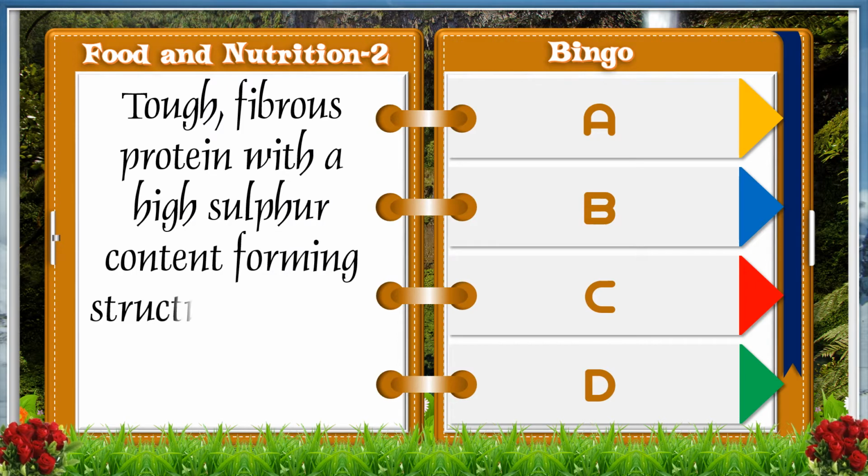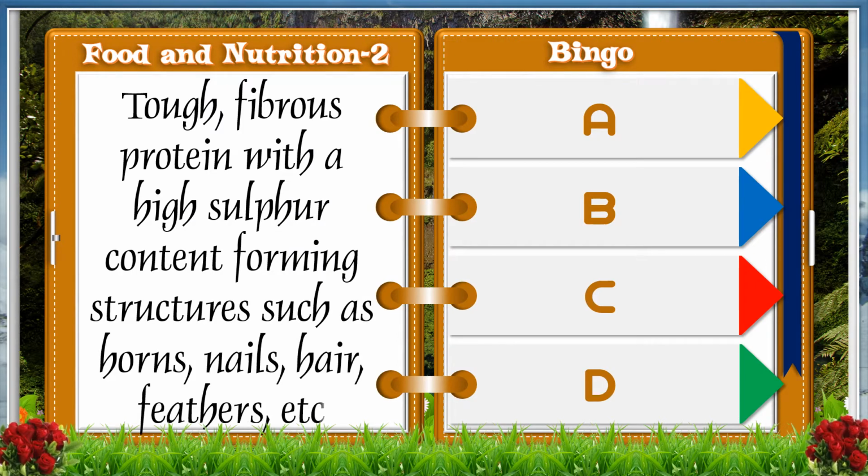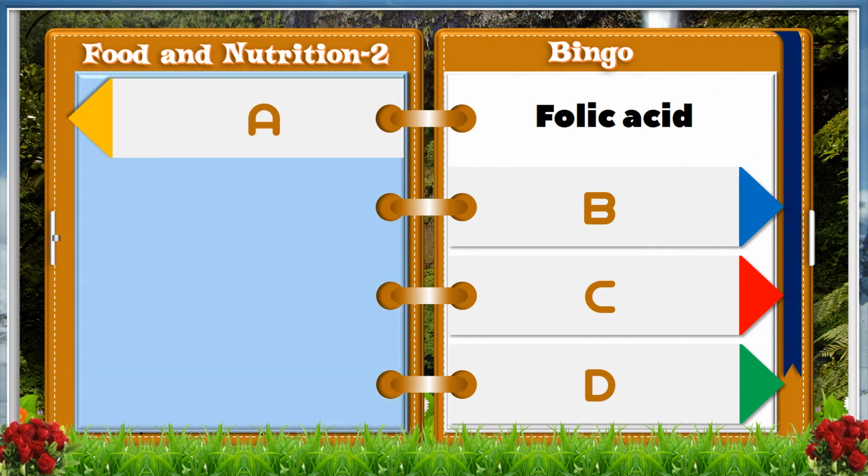Tough, fibrous protein with a high sulfur content, forming structures such as horns, nail, hair, feathers, etc. Option A, folic acid.